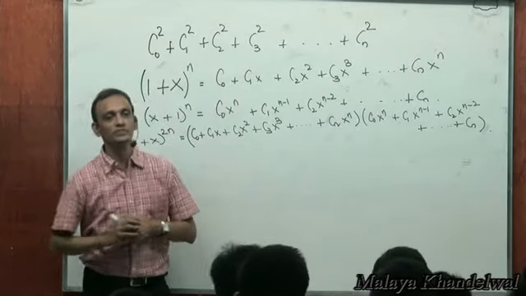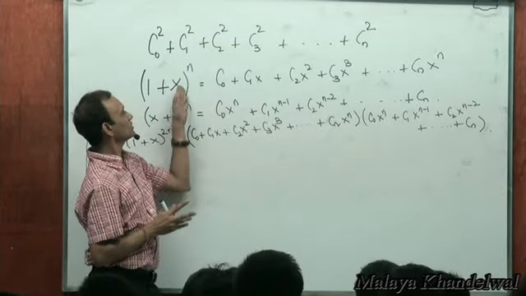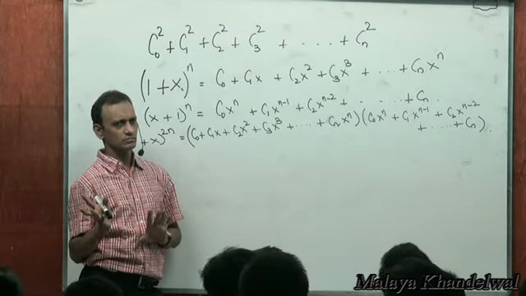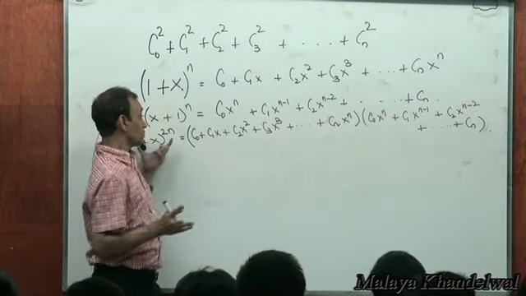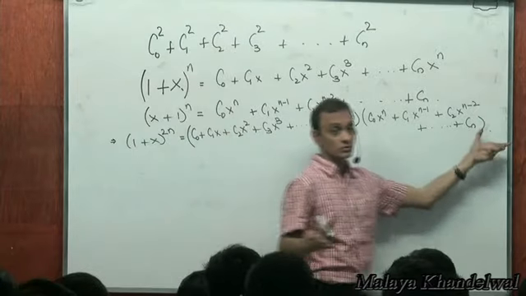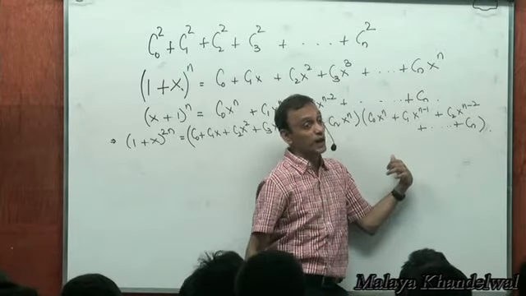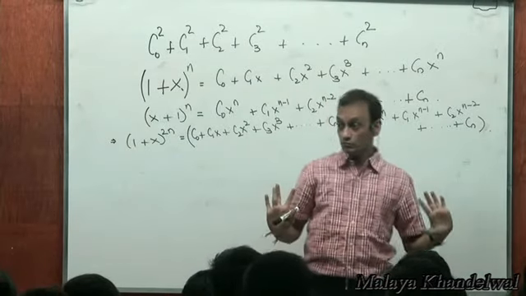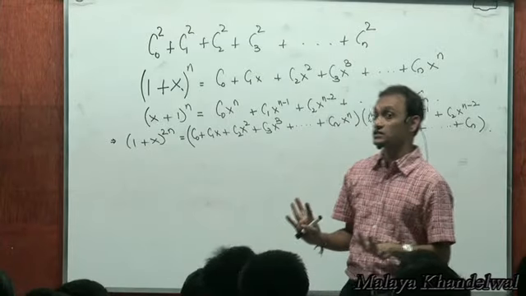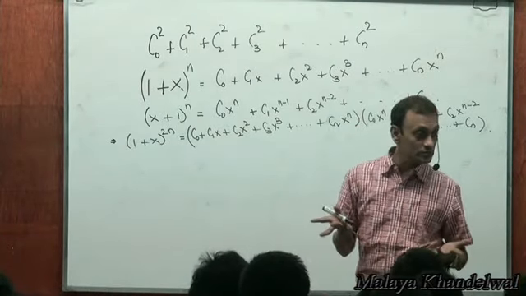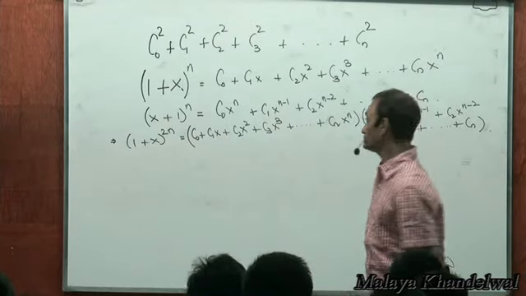Right? Could this be done? This into this into this. This is identical to this. Coefficient of x^n here will be equal to coefficient of x^n there, because all that I have generated is an identity of two polynomials.